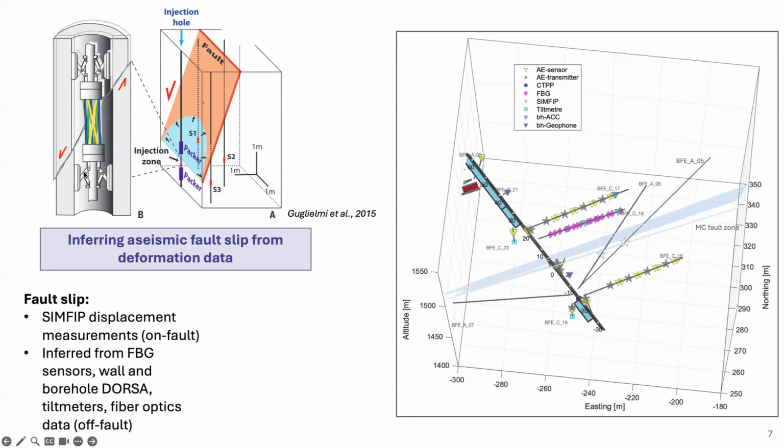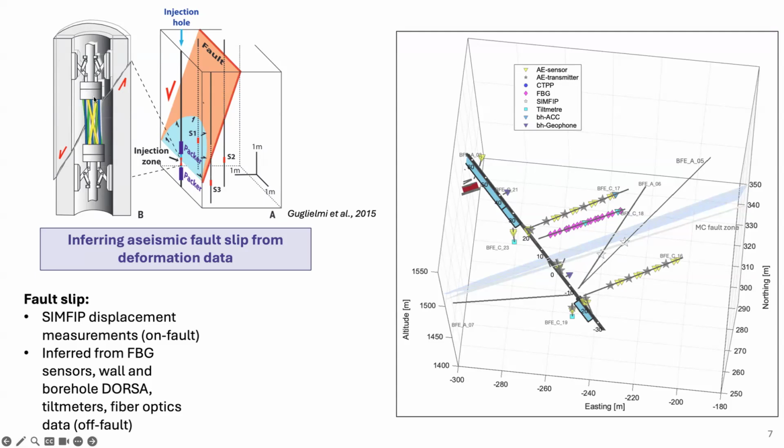Here I'm showing the figure and the scheme of the deformation unit of this device, which is basically made of two rings. These two rings clamp the fault on the two different walls.